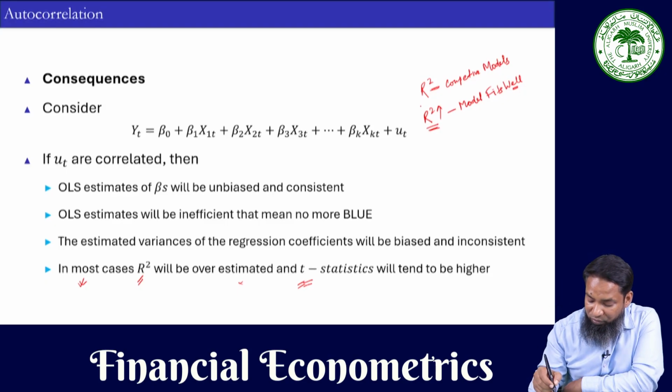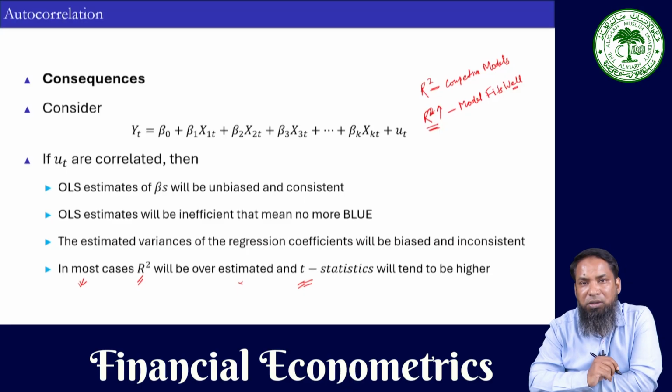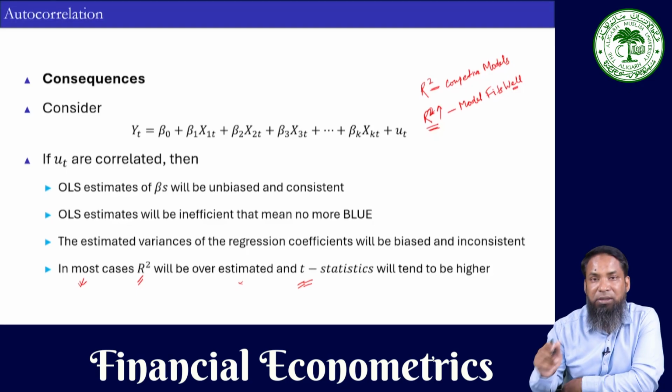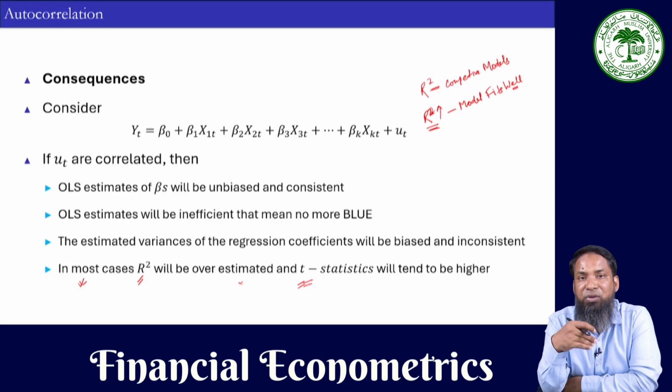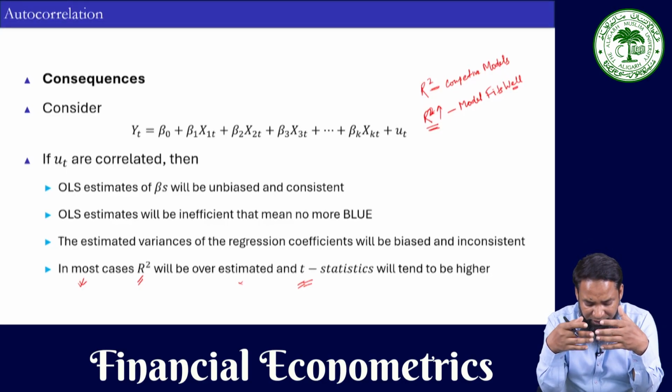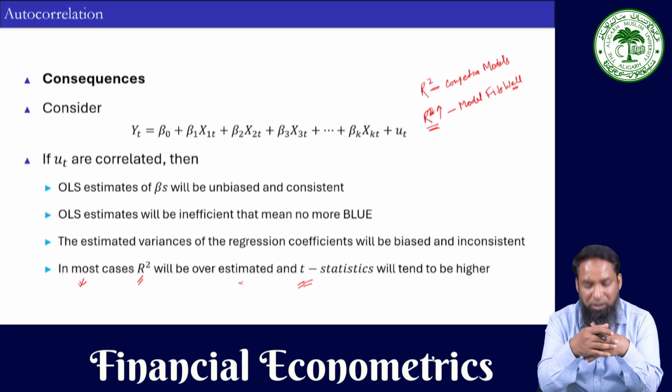Therefore, whenever we are using this R square, we must cross check it using the second order test or econometric criteria. This situation emphasizes why we should be concerned about the second order test, that means why we should be concerned about the validation of the assumptions.